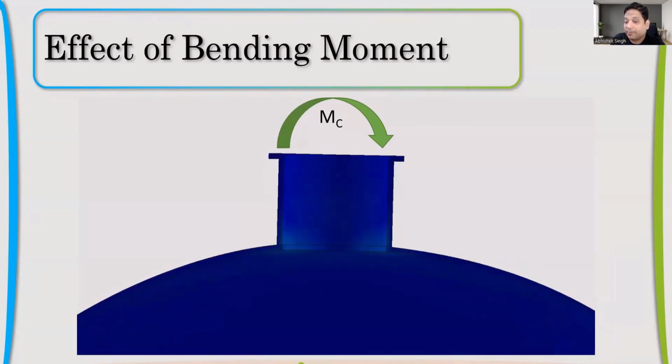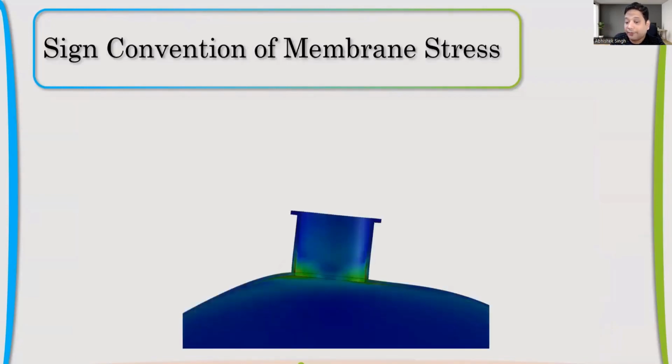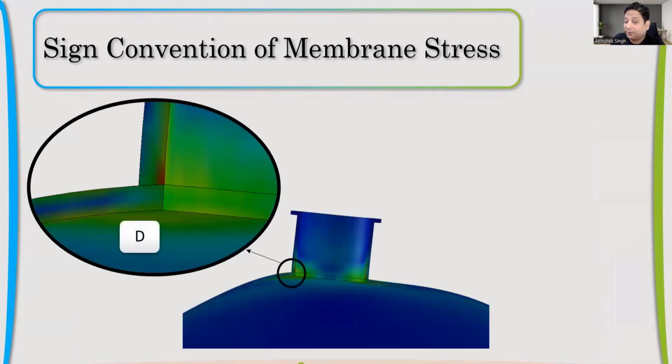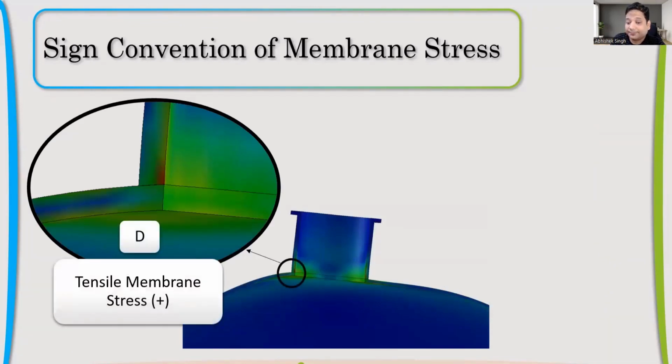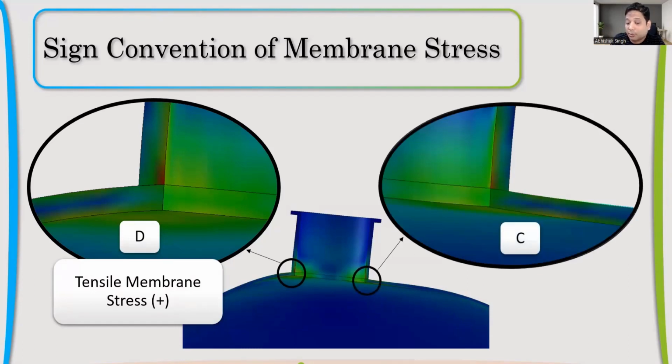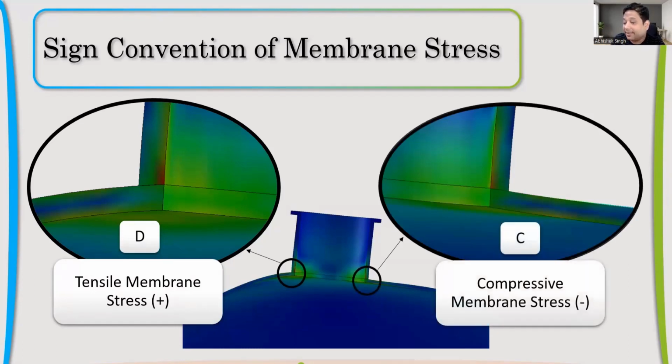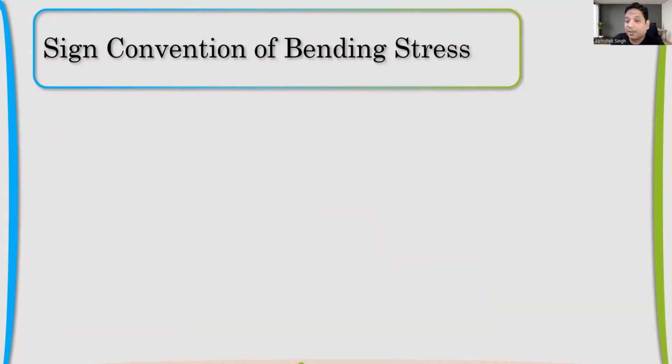MC is trying to bend. So finally, if we take these two points C and D, for membrane stress there will be only one point. There is no upper and lower. So it is tensile membrane on one side, and on the other side it will be compressive, because it's trying to bend like this. Simple.